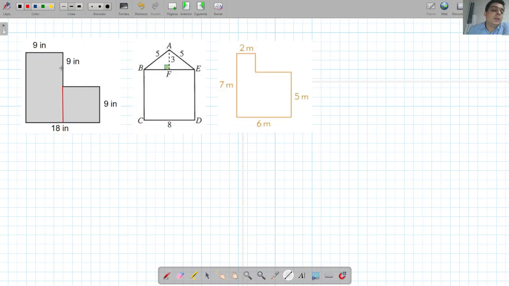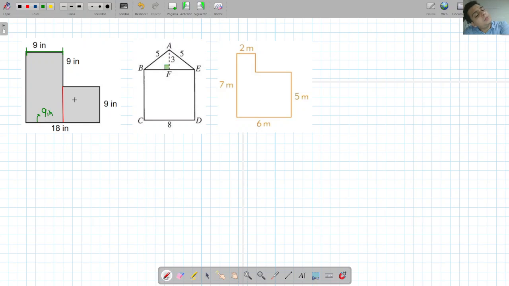If I cut it this way, this is going to be a rectangle, but there is one little thing. This rectangle has a base of 9. As you can see, this is going to repeat down here. This is going to be 9 inches.